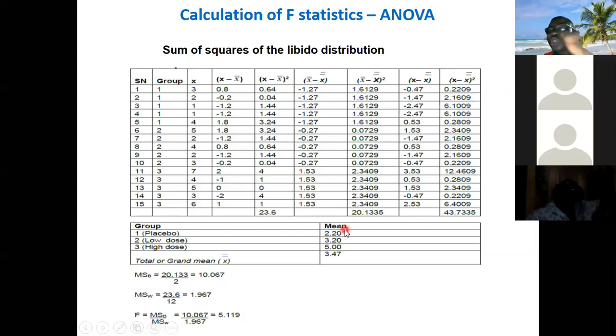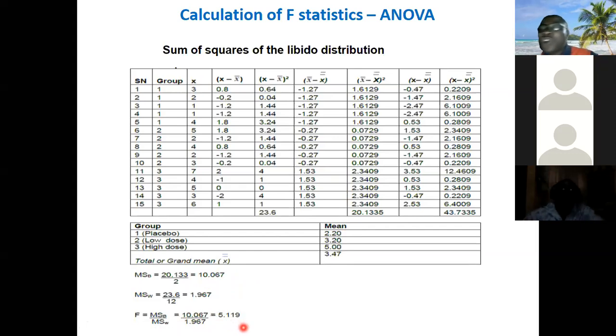So variance between is the systematic one, because it looks at the difference between the 3 groups. That is this 10.067. And the variance within is the inherent variance in each of them, which is the denominator. So the F ratio statistic would be 10.067 over 1.967. It's going to be 5.